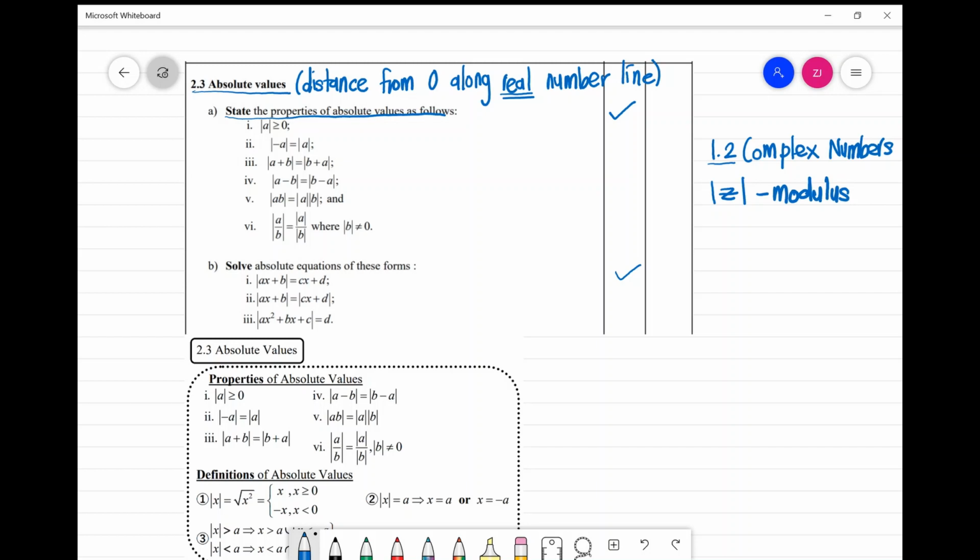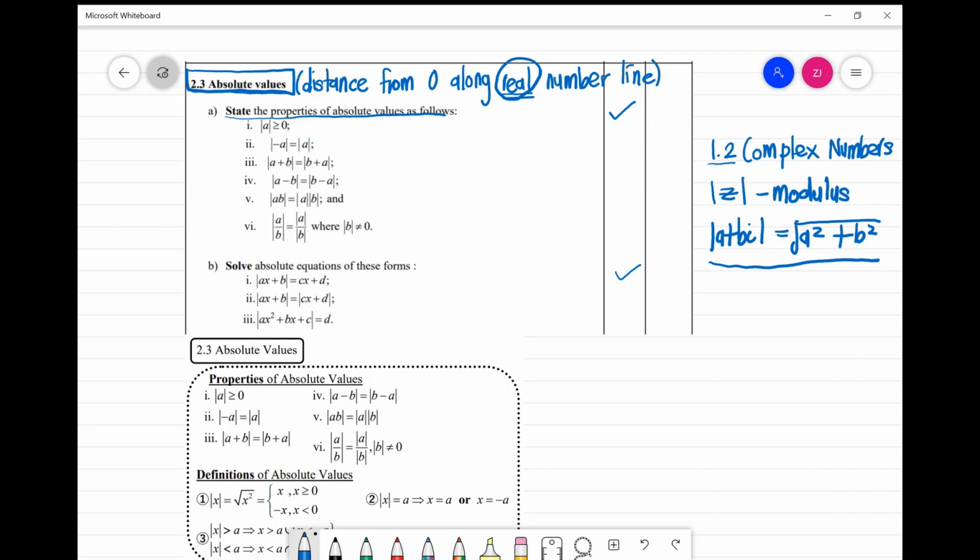For example, if you put a complex number inside, we have the modulus of a complex number, square root of a squared plus b squared. For this topic we discuss 2.3 absolute values of real numbers. This is the difference.